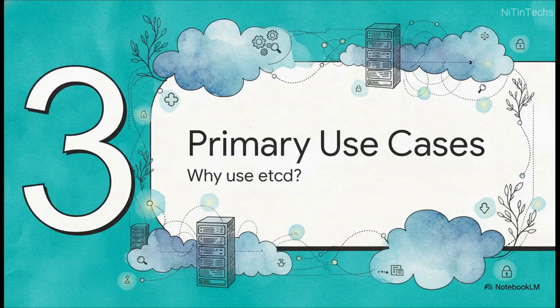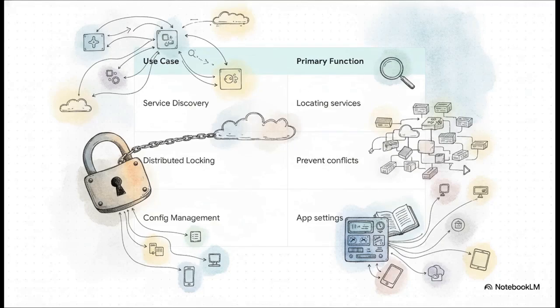Now let's dive into Section 3, primary etcd use cases. So, what's actually inside etcd's core toolkit? First up, we've got service discovery. In a highly dynamic cloud where services are constantly spinning up and shutting down, etcd acts as the locator, making sure different parts of the application can always find each other. Second, distributed locking.